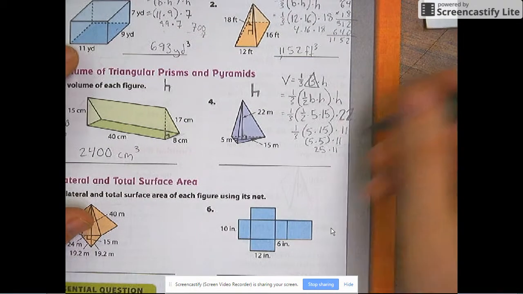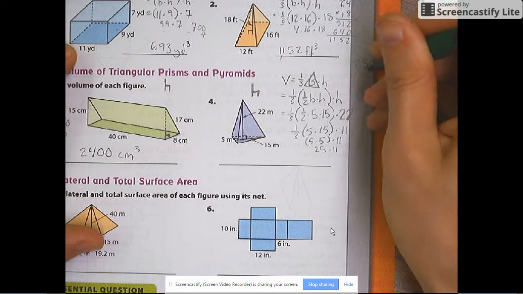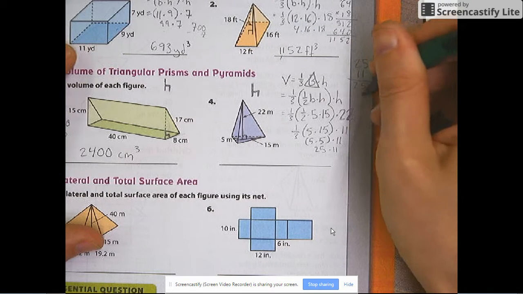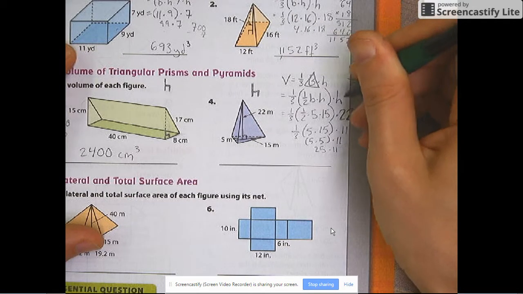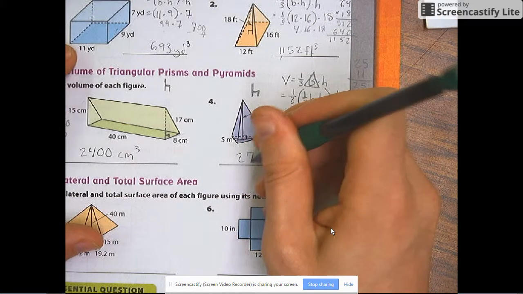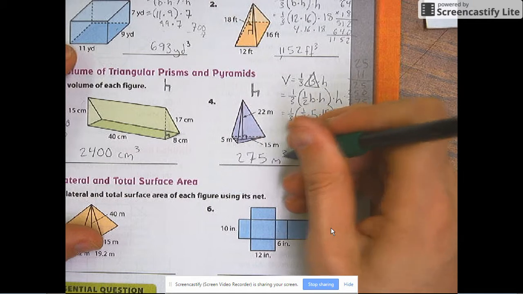There are some mental math tricks you can use, but I'll just multiply it out. 25 times 11. 1 times 5 is 5. 1 times 2 is 2. 1 times 5 is 5. 1 times 2 is 2. Get my answer of 275. 275 what? Cubic meters.